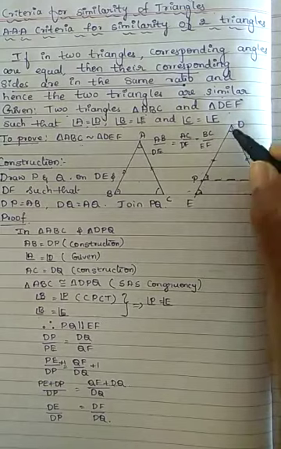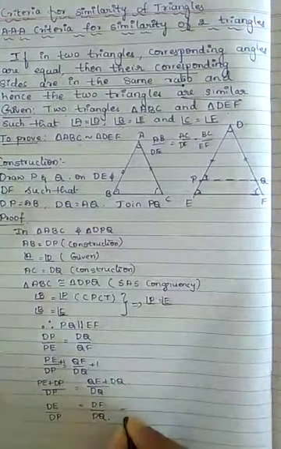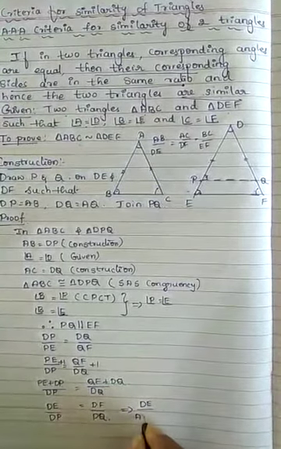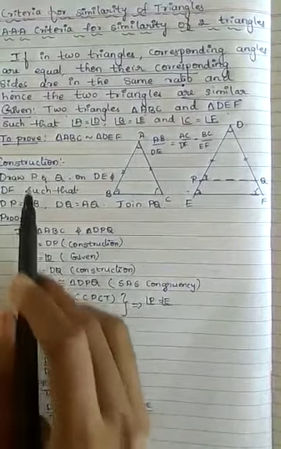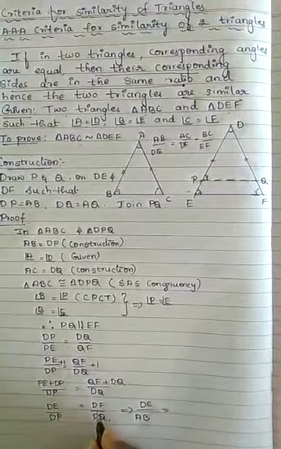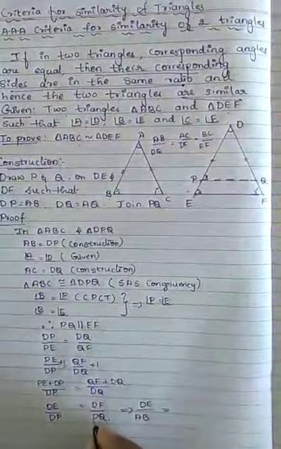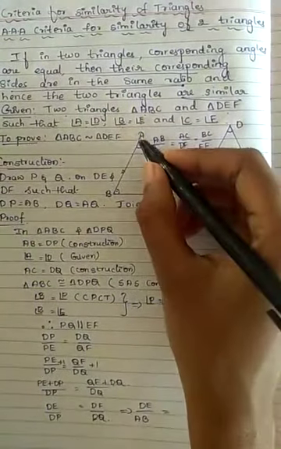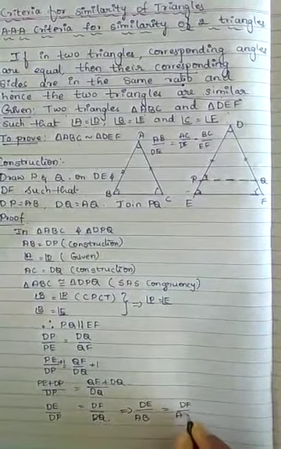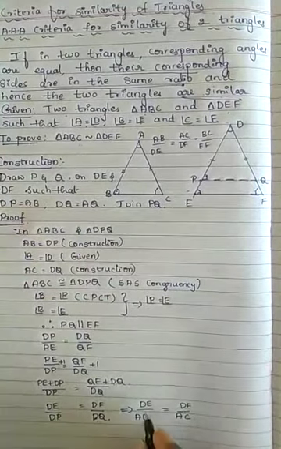What is DP? DP is nothing but AB by your construction. So DE by AB, and what is DQ? DQ is nothing but AC by your construction, so DF by AC.